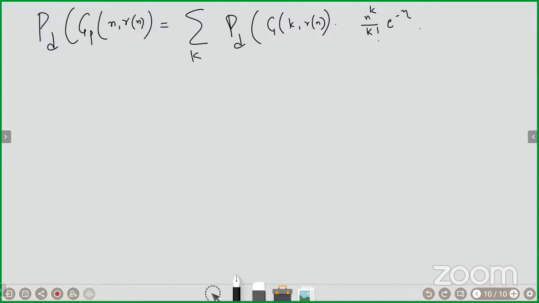No change. I condition on having exactly k points, which is the same as G of k comma r. And from the previous relationship, what do I get?